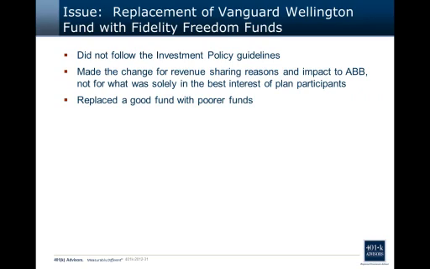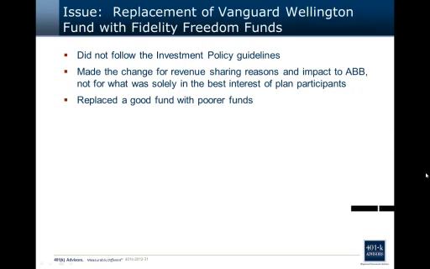One of the things in the policy had strict performance guidelines upon which this fund would be measured against, and the fund was blowing away its performance standards. It was outperforming the benchmark by significant amounts, so there wasn't really a performance reason why this fund should have been replaced.